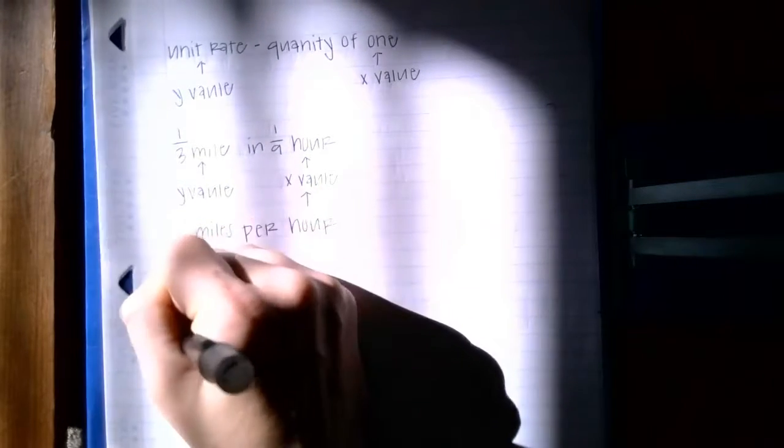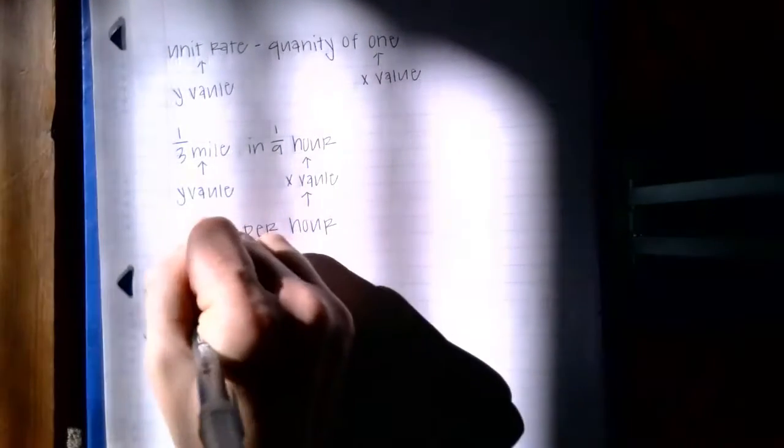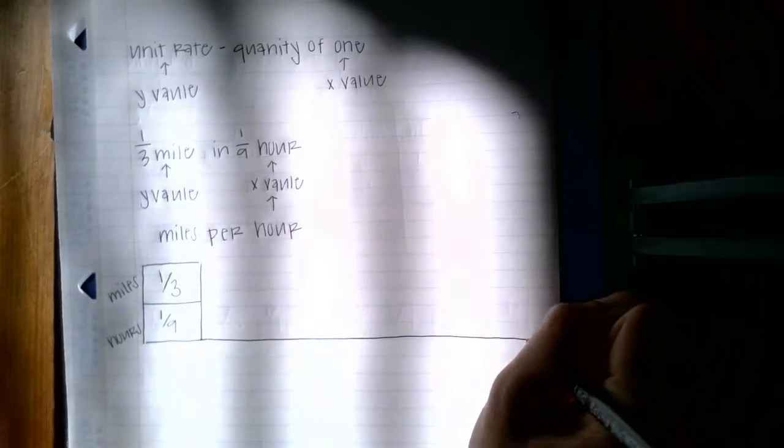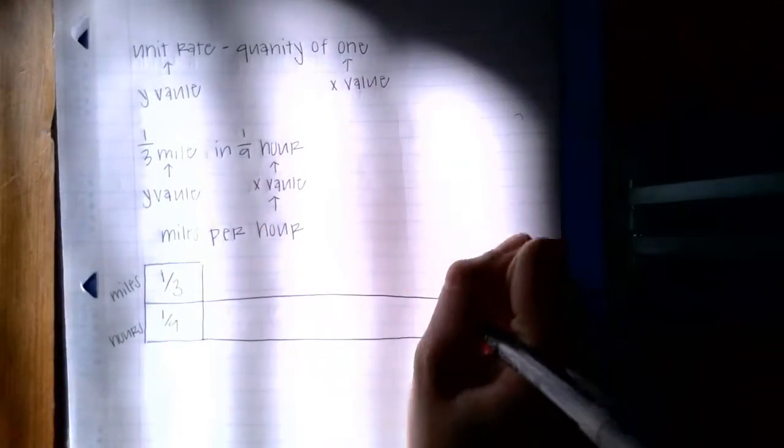So I'm going to go ahead and draw the start of my tape diagram to represent what I already know. And what I already know is that in 1/9 of an hour, he can go 1/3 of a mile. And I know that I have to figure out how far he can go in 1 hour.